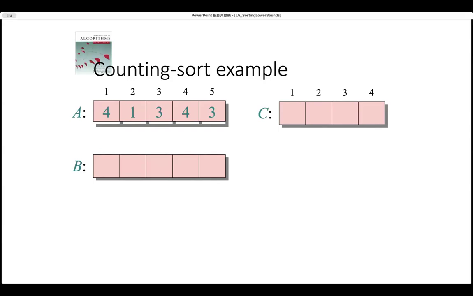In reality, that presents an issue, allocating such a gigantic storage space for your auxiliary array. So counting sort is good and simple, but it has such an issue.